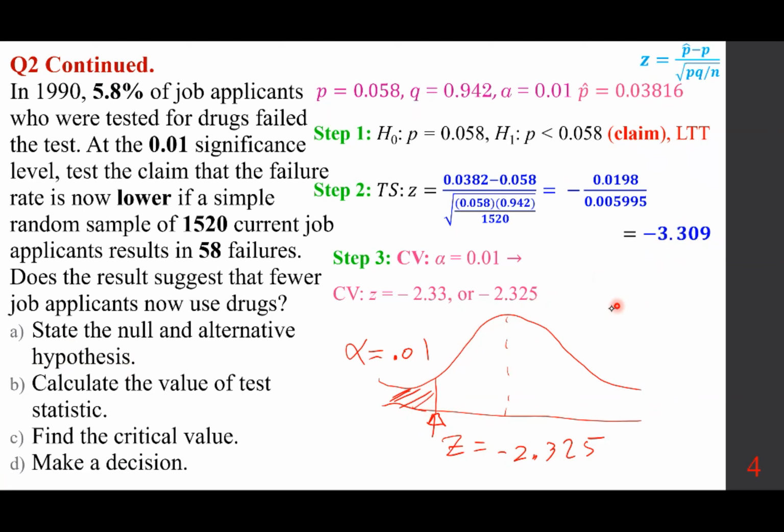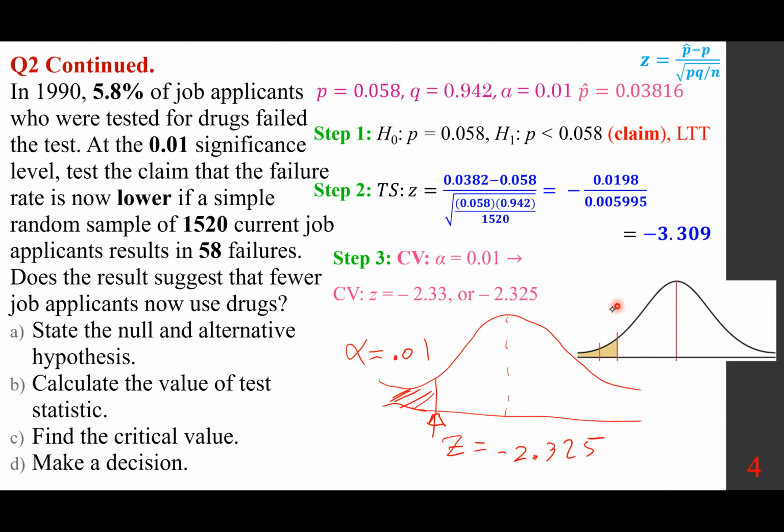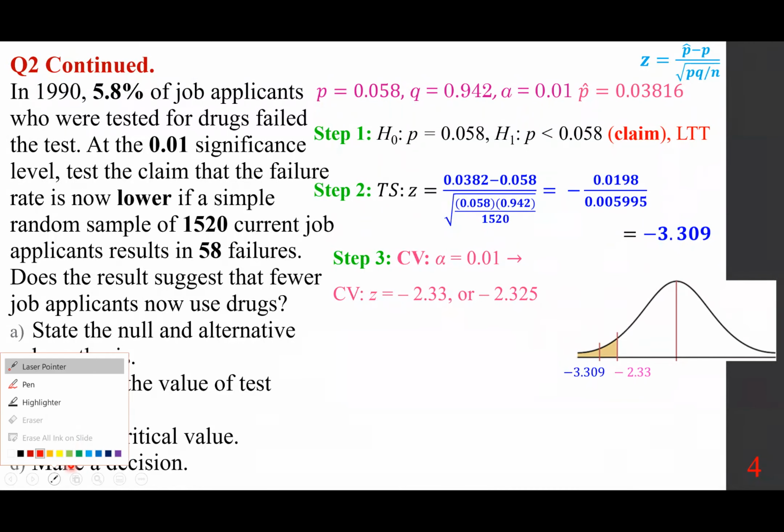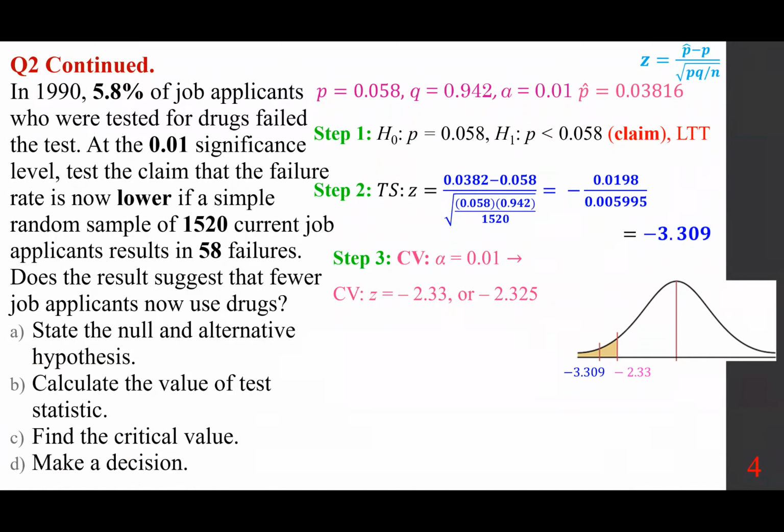That's why I had this graph for you. So this is the critical value, CV. This is the test statistic.